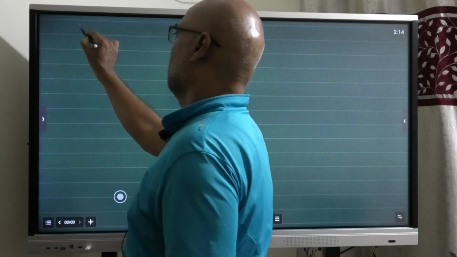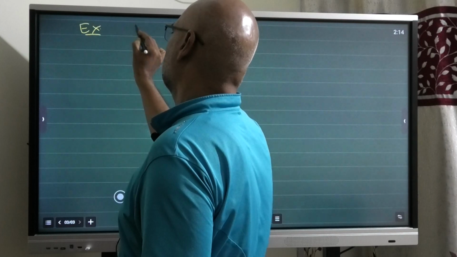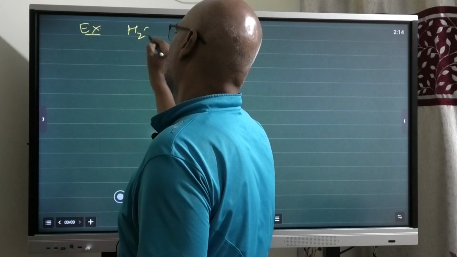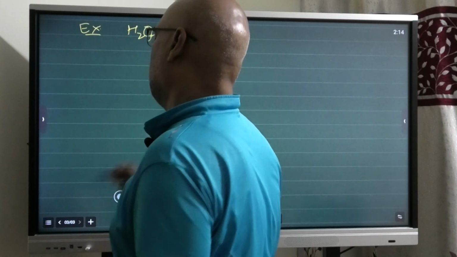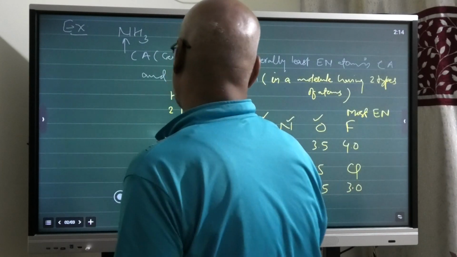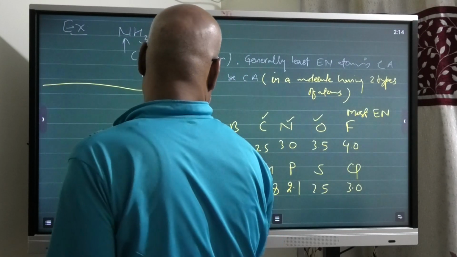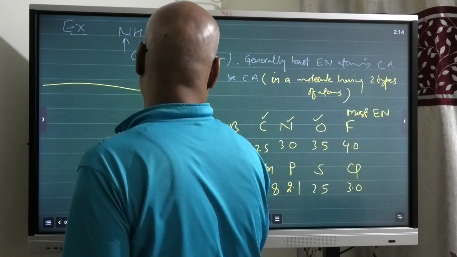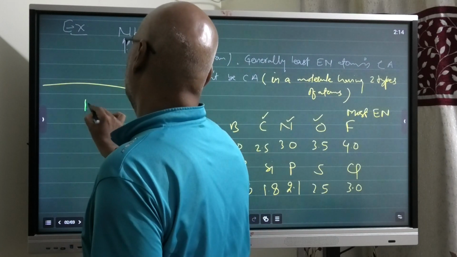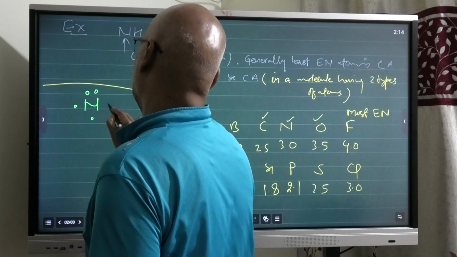I will take one more example. Say I have a molecule called NH3. Okay. Previous example we have not counted the central atom and all those things. So we can do here. We can take the complete counting here. So nitrogen basically having 5 electrons, 1, 2, 3, 4 and 5.